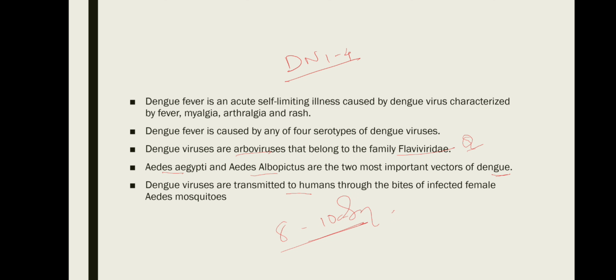Now dengue fever is sometimes just like any other viral fever, or sometimes it may present with severe complicated problems. So how and why does this viral dengue fever become so problematic, unlike other viruses? We have to know the pathophysiology.